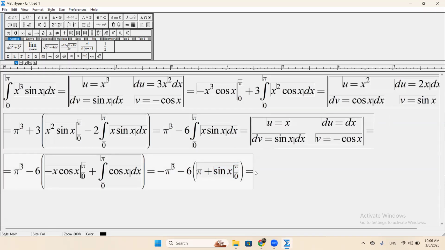So the final answer is p cube minus 6p. So that's it. Any questions about this exercise?